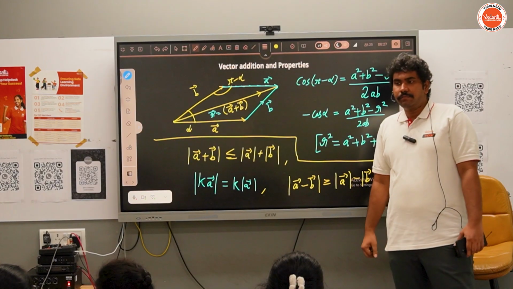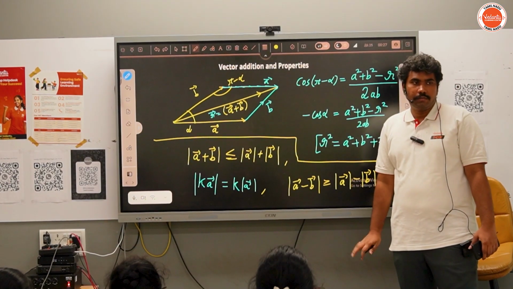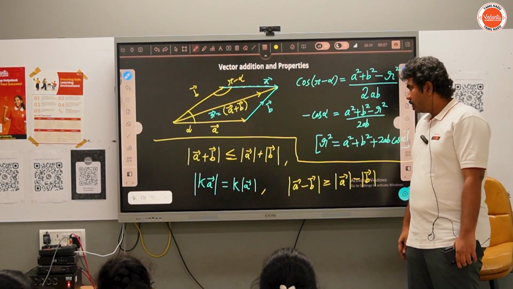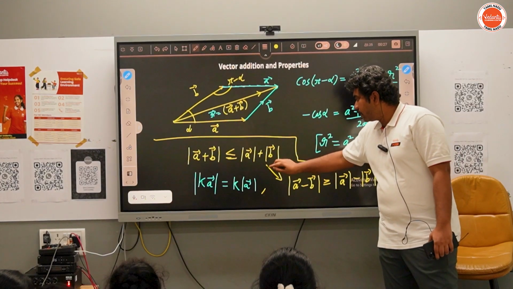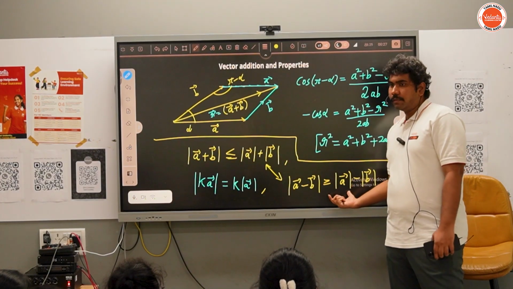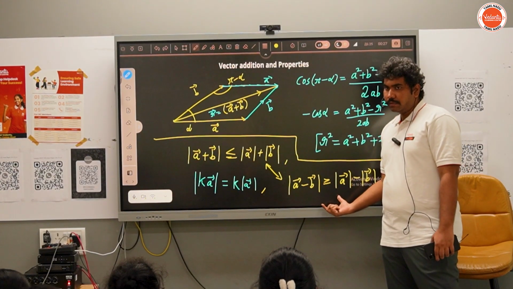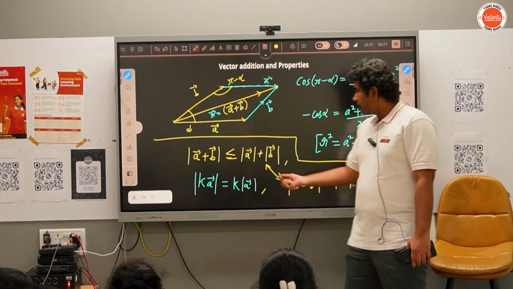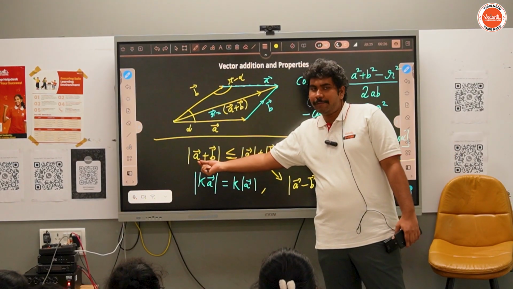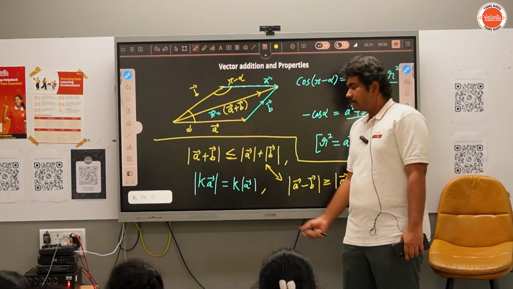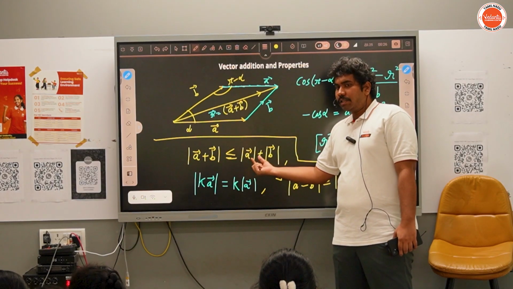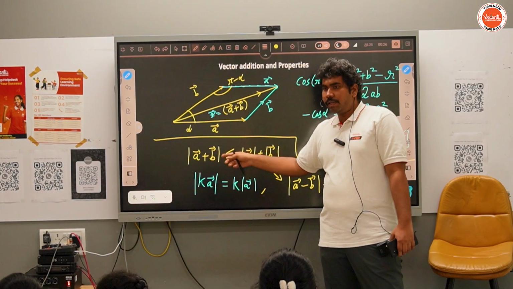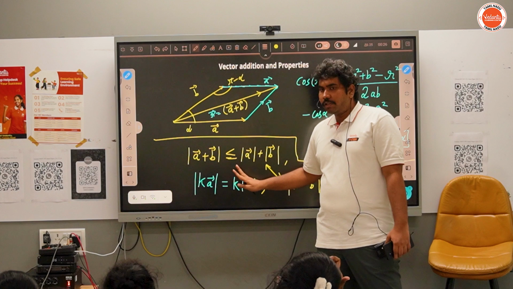Yes, any doubt? It comes from this. Don't get confused that this is a separate law. No, it's not a separate law. You put in the place of a vector, a vector minus b vector. Here b and minus b get cancelled, only a vector remains.